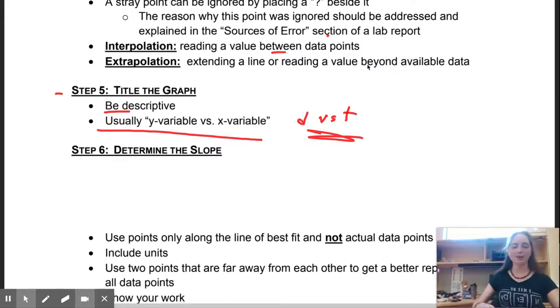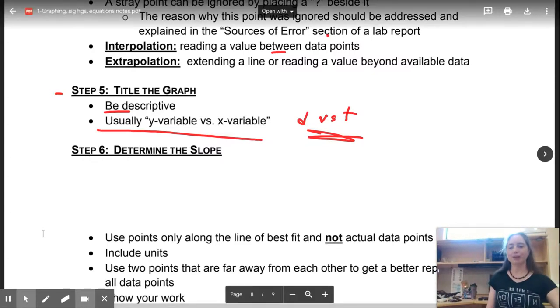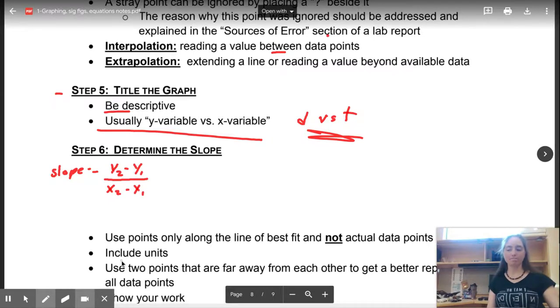And delta means change in. So your slope equation is going to equal y2 minus y1 divided by x2 minus x1, okay? We're going to be using that a lot.